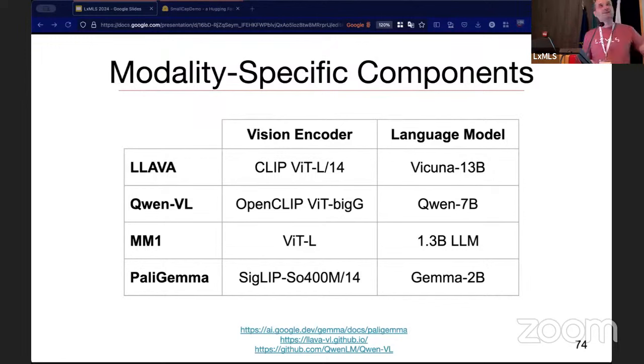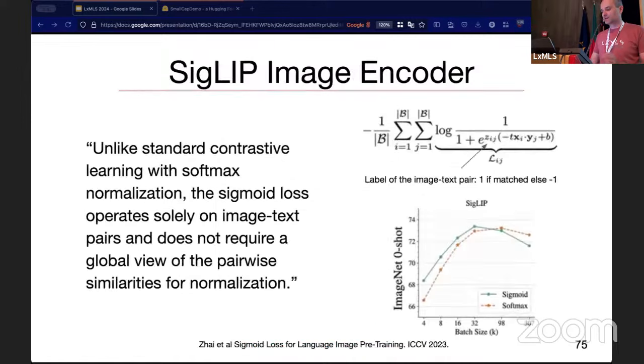We have up to 13 billion parameters in one instance, or all the way down to a 1.3 billion parameter model that doesn't seem to be pre-trained from data that I could readily understand in the MM1 scientific paper. The one thing I'm going to highlight here from that slide is the SigLIP image encoder from DeepMind.